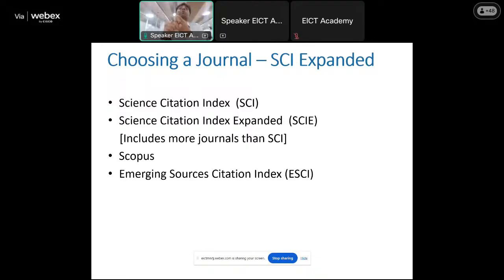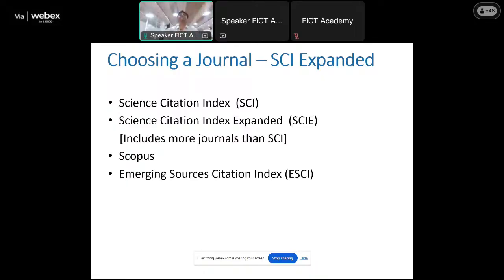ESCI is a probable list which could potentially be converted into Scopus first, and after some time, if it remains in Scopus, it will be converted into SCI or SCIE, but there is no guarantee.